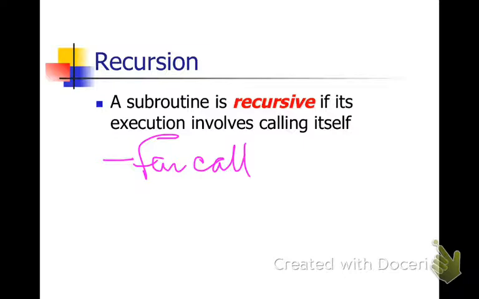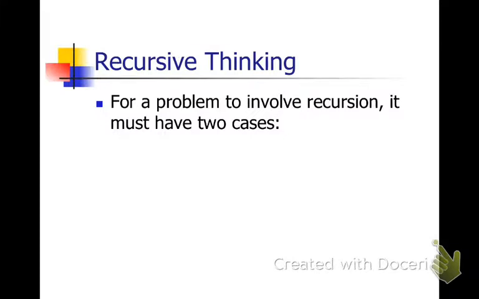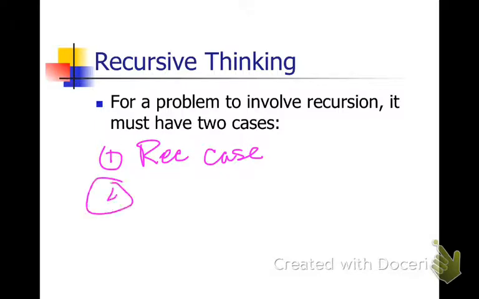When we copy the address of the subroutine into EIP, it then carries out another instance of execution of its own code. That's essentially what we're looking at with recursion. You remember that for recursion to work, you actually have to have two cases. You've got to have a recursive case, where you make the call to yourself, and then you've got to have a base case, the stopping case.